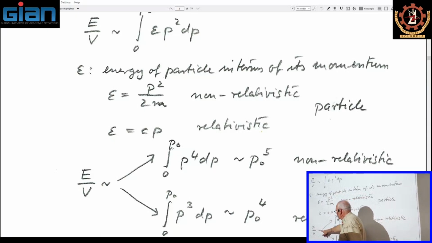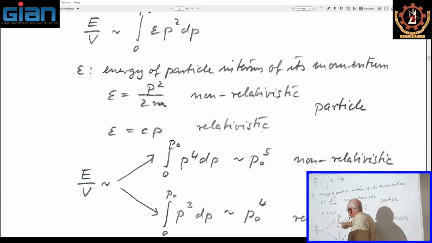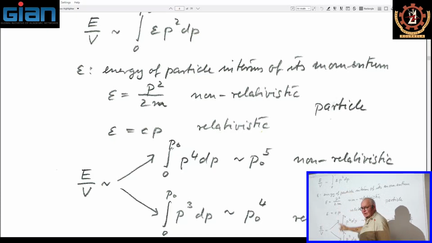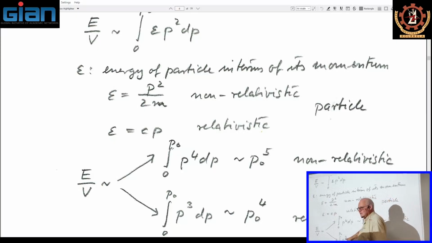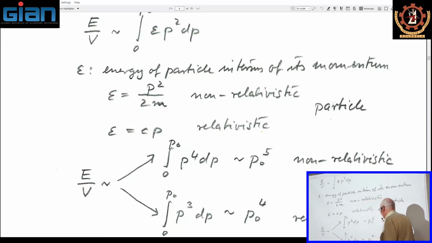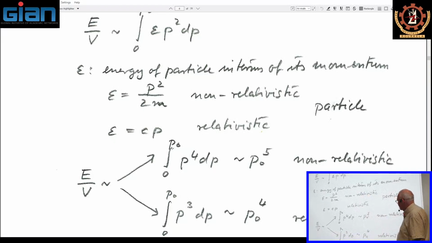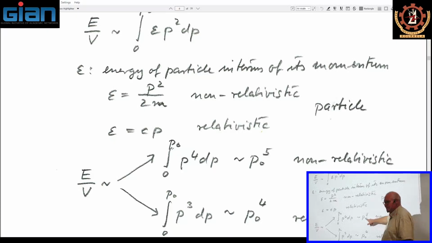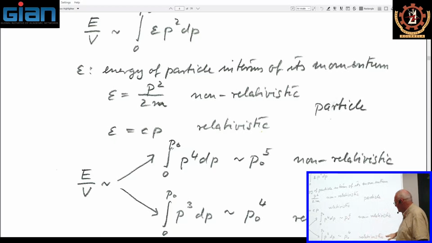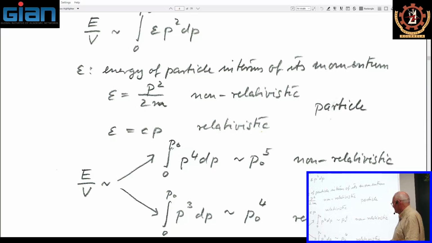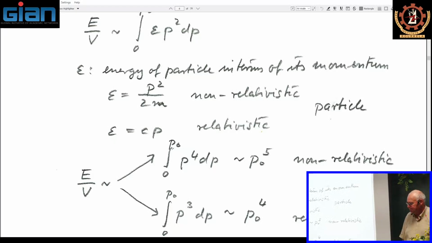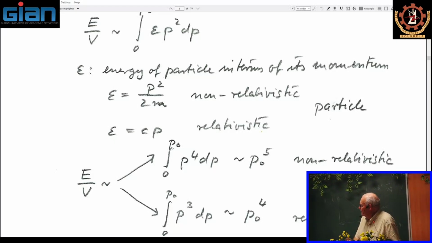So the energy density goes with the integral over p to the 4th for the non-relativistic particles, or with the integral over p to the 3rd for the relativistic particles, and that means that the energy density goes with the maximum momentum to the power 5 for non-relativistic particles, and with the maximum momentum to the 4th power for the relativistic particles. Okay, now we have 3 relations.